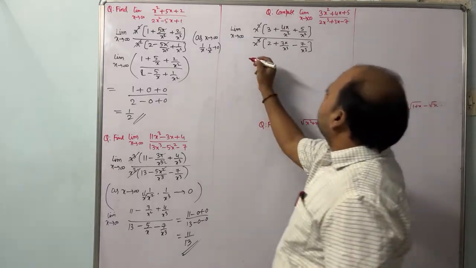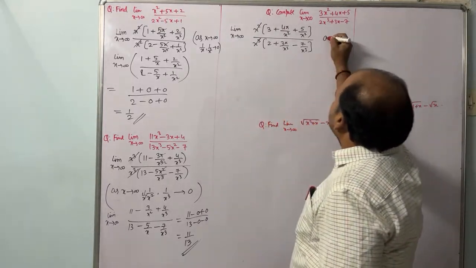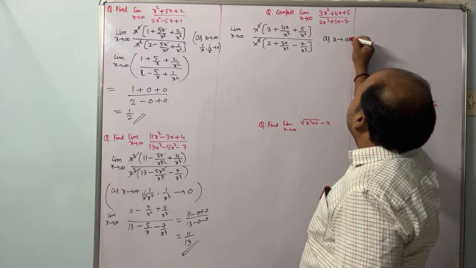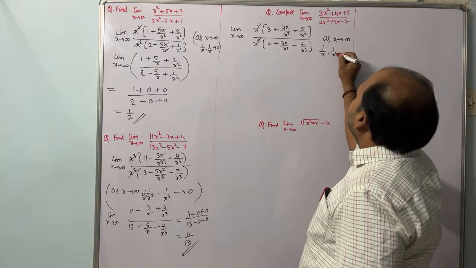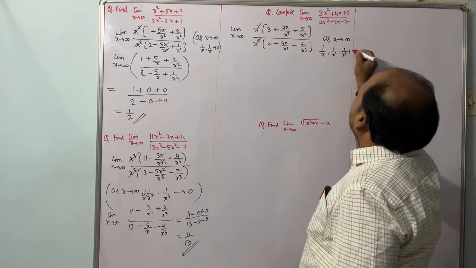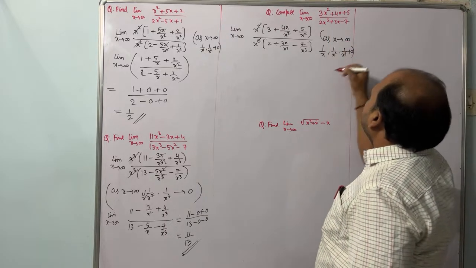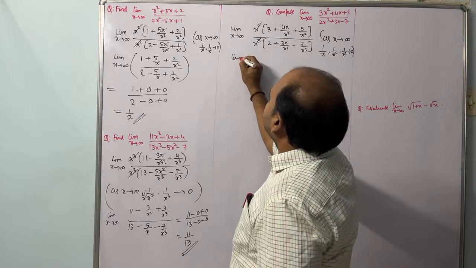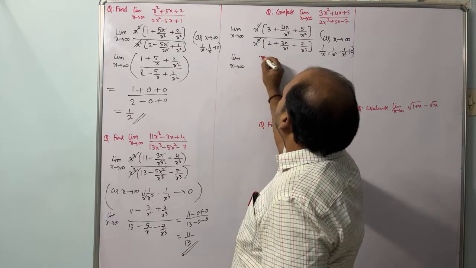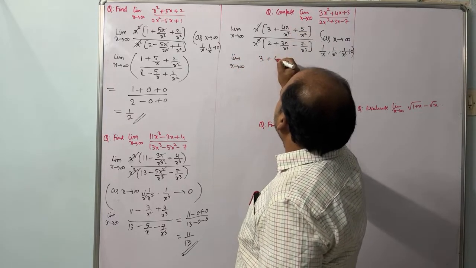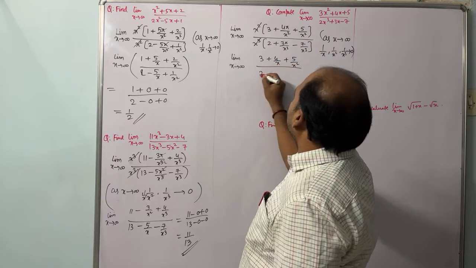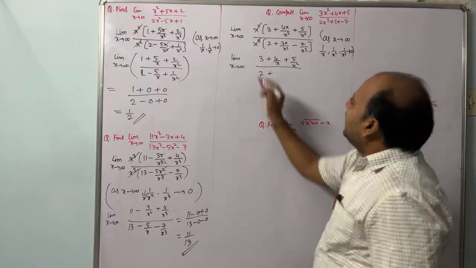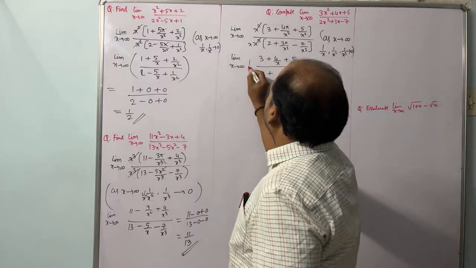So which is equal to, even here also, as x tends to infinity, 1 by x, 1 by x square, 1 by x cube tend to 0. So limit x tends to infinity, 3 plus, here x cancels, 4 by x will come, 5 by x square divided by 2 plus, here x is there, no? I forgot.